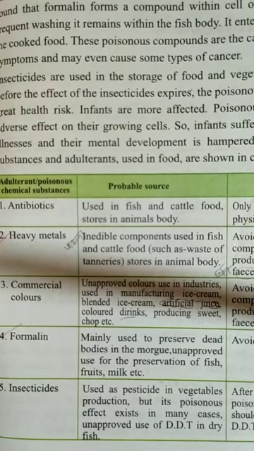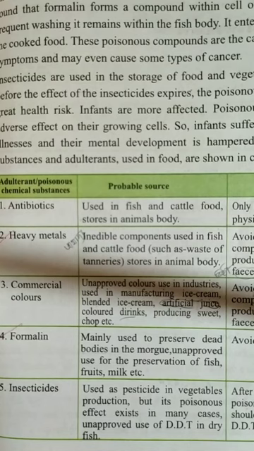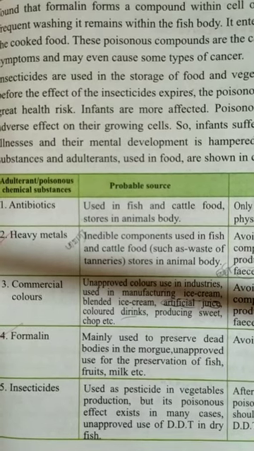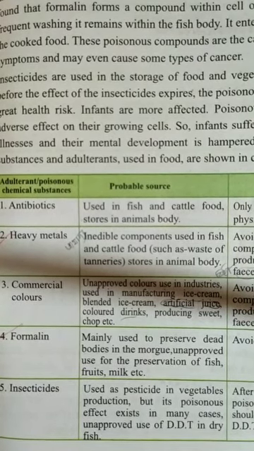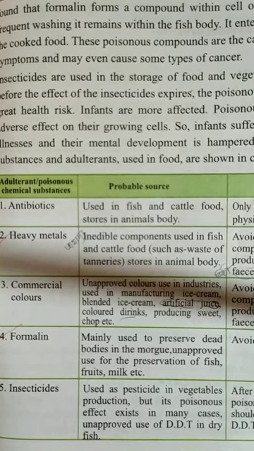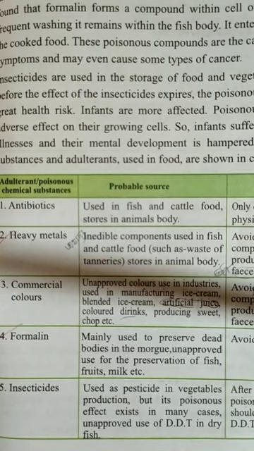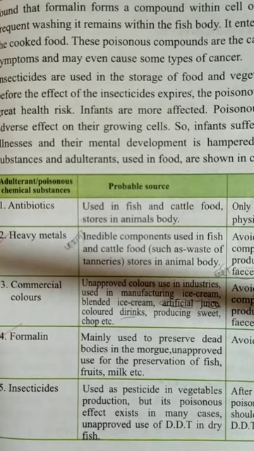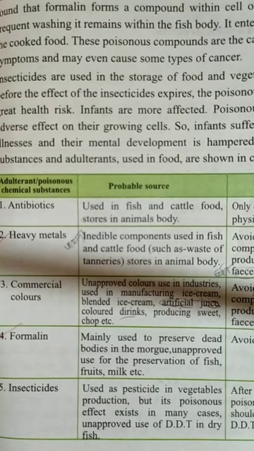A research has found that formalin forms a component within cells of the fishes. Even after frequent washing, it remains within the fish body. It enters the human body with the cooked food.